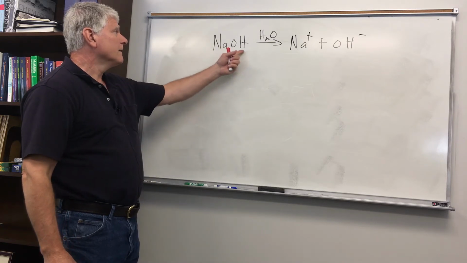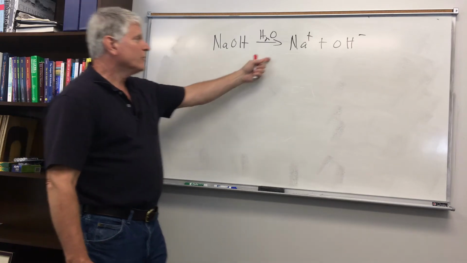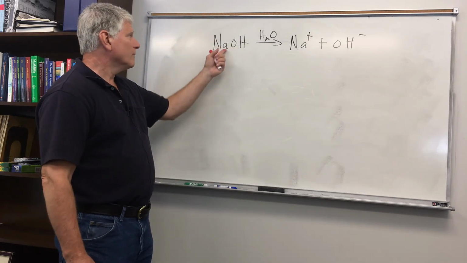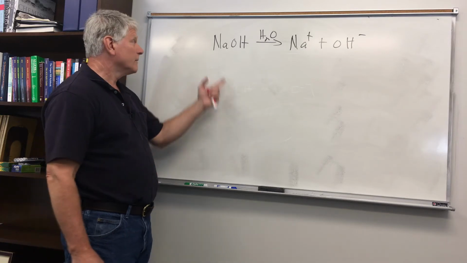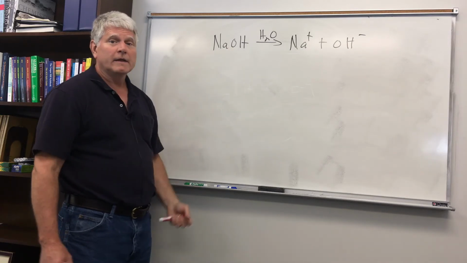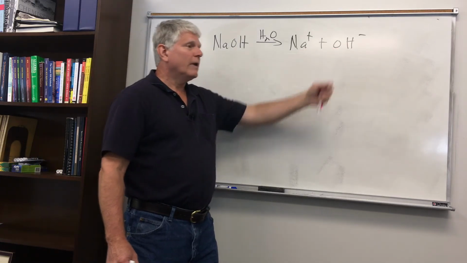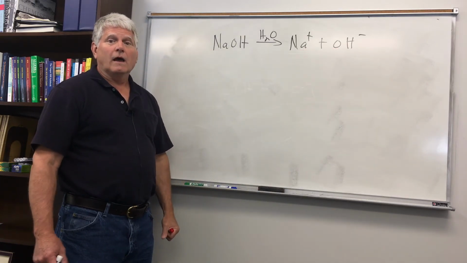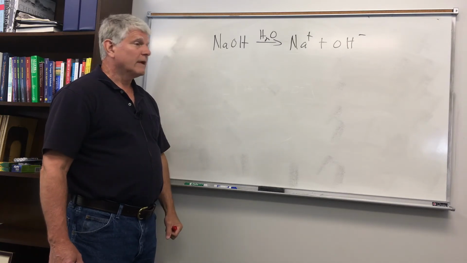So here we formed a base directly, producing just OH- from the dissociation of sodium hydroxide, similar to how sodium chloride will dissociate in water. So here we form OH- directly, not through water, but just by the dissociation of sodium hydroxide.